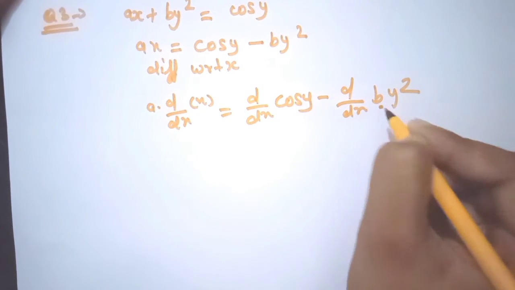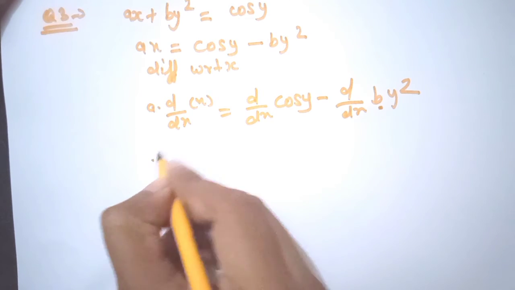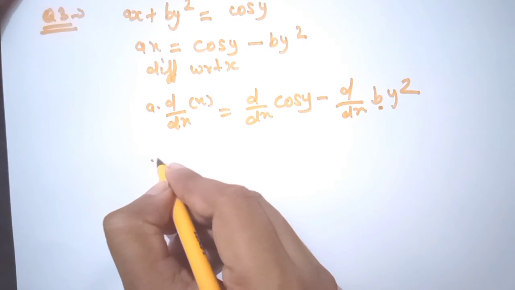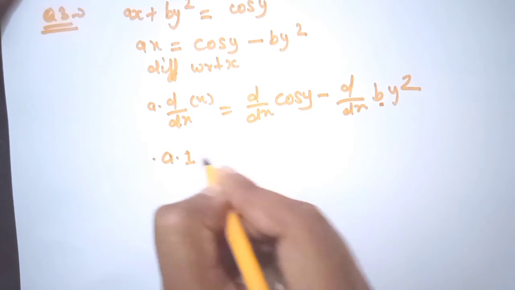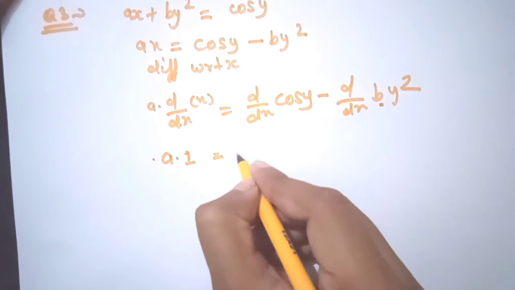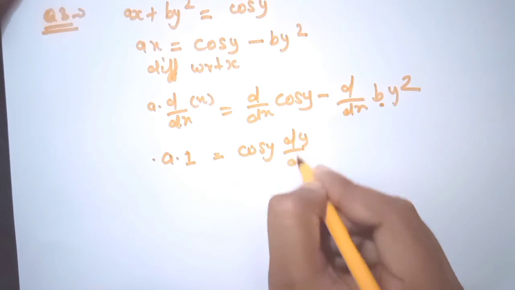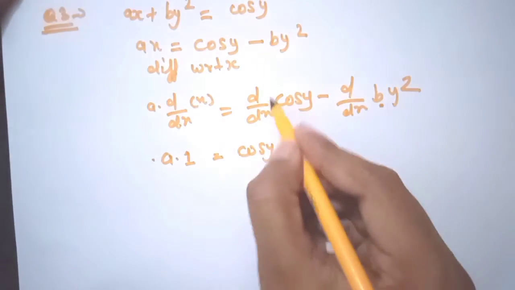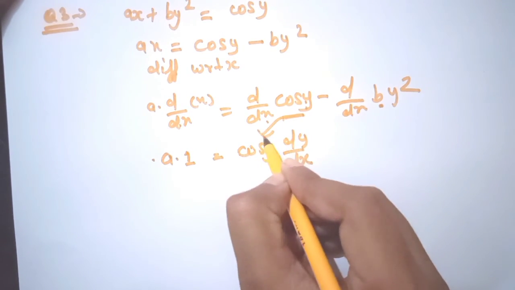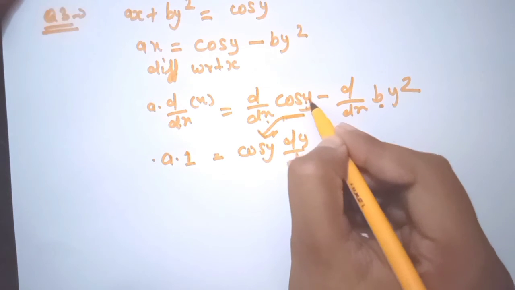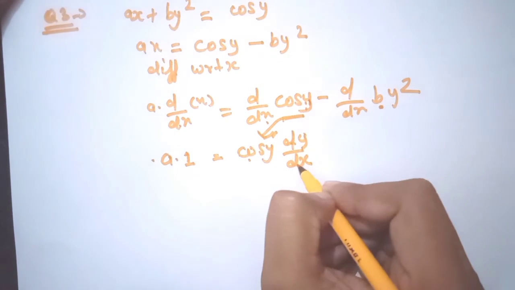See, b is constant, it will be a coefficient. And d by dx of x is only 1, so it will be a into 1 is equal to cos y dy by dx. I wrote d by dx of cos y as it is because here I am not getting x, it is y, and after that we will note down dy by dx.